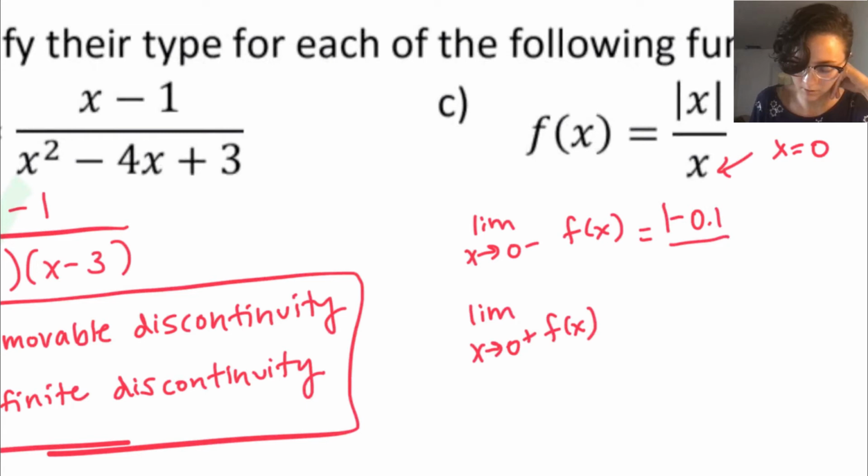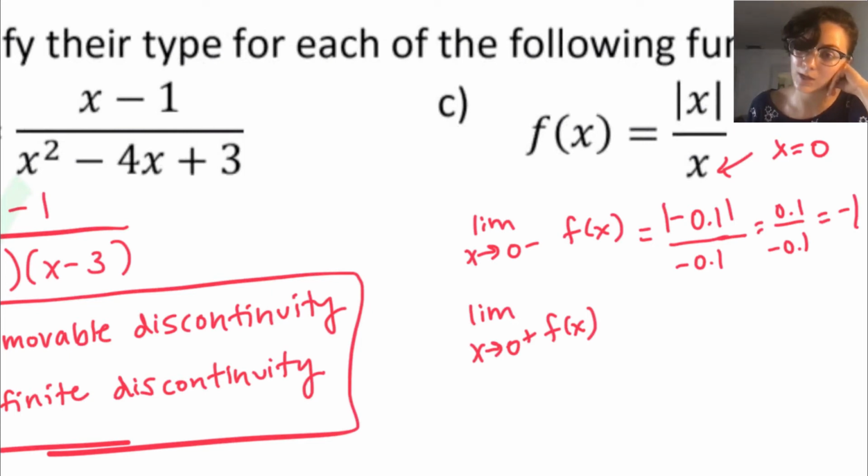Put the absolute value over negative 0.1, so that gives me positive 0.1 over negative 0.1, which is negative 1. Okay, so I got a limit. And then from the right, let's choose a number slightly bigger, so that's the absolute value of positive 0.1 over 0.1, which equals positive 1.